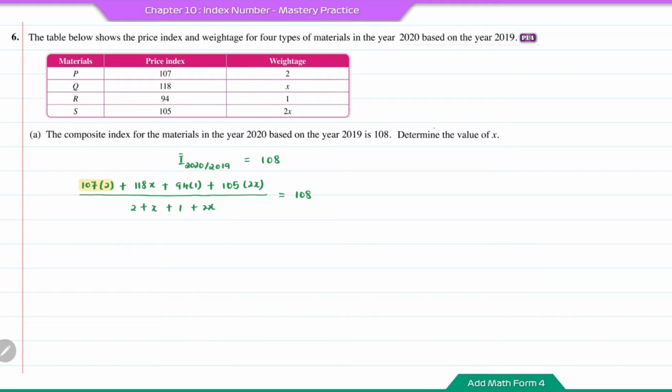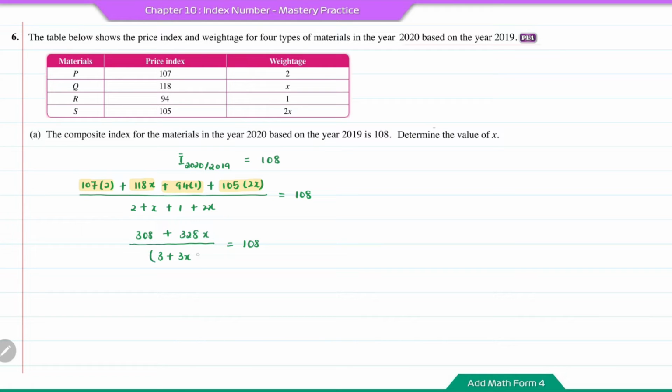So the answer for 107 times 2 plus 94 times 1 is equal to 308. Then we're going to add the 118X plus the 105 times 2X, which is equal to 328X, over 3 plus 3X, equal to 108.